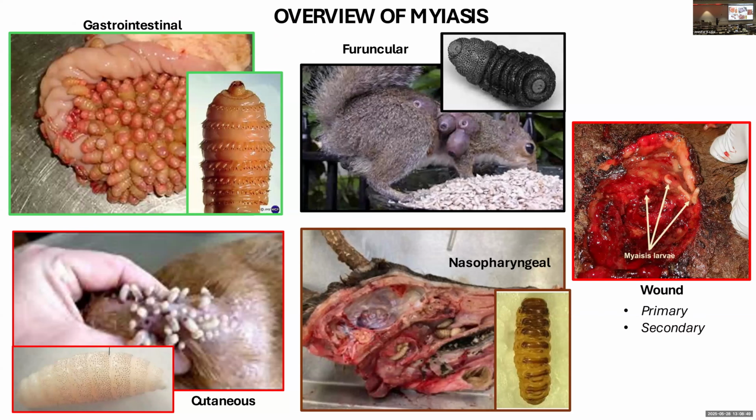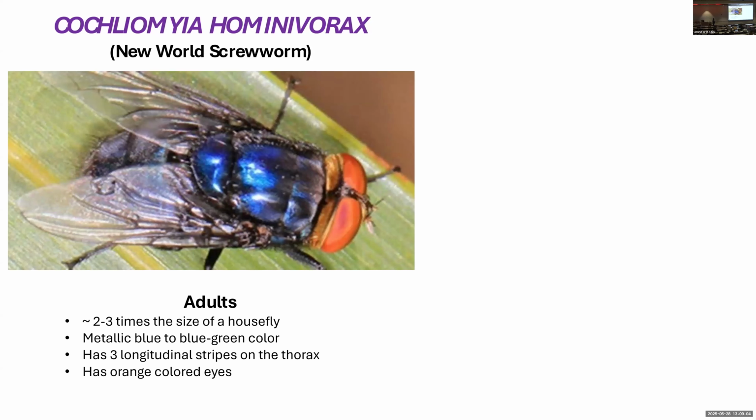Now, the fly we'll be talking about today falls under the primary because it can cause a wound on its own. The fly itself is called Cochliomyia hominivorax. That's the cause of New World screwworm myiasis.